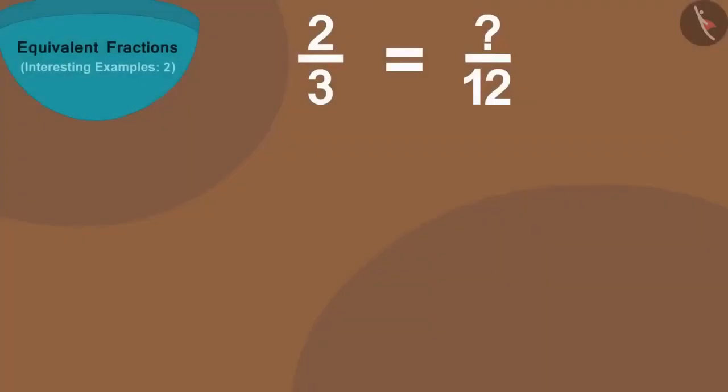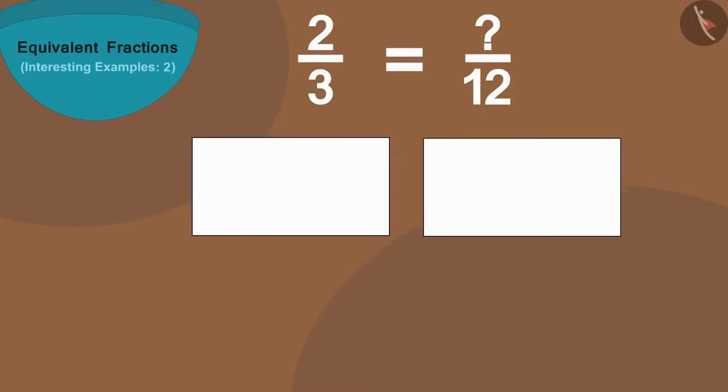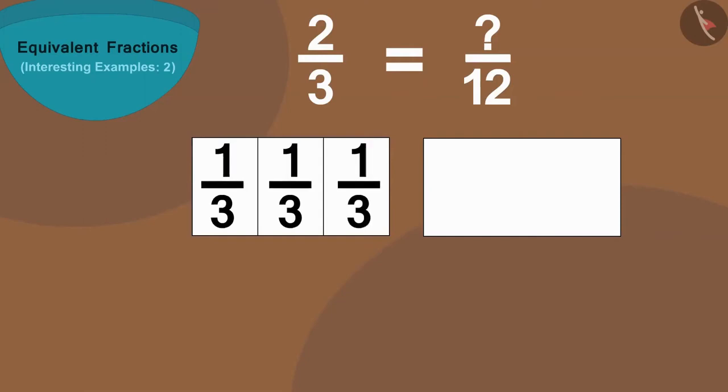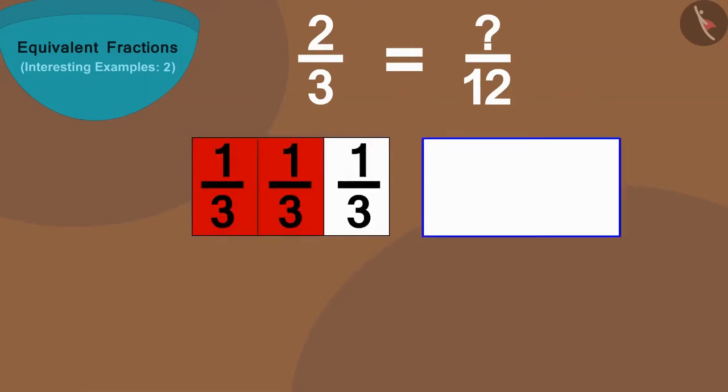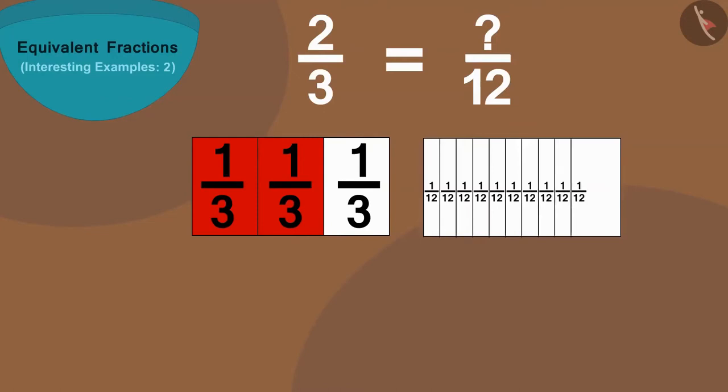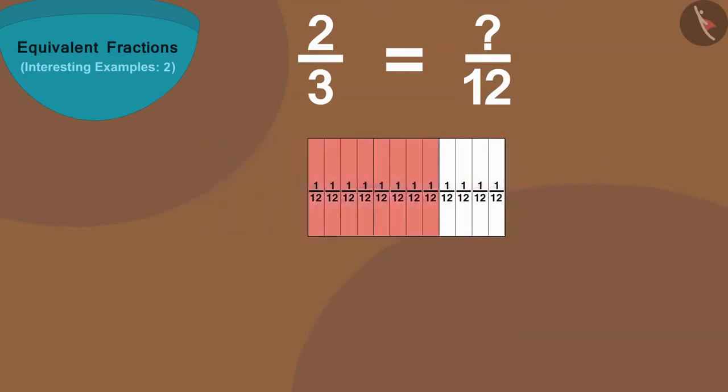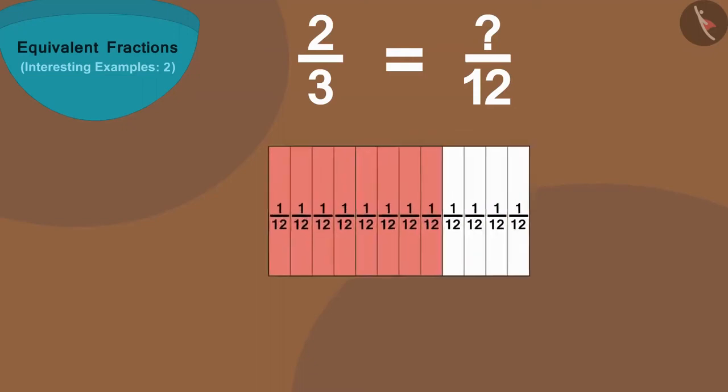Well done, children! You have found it absolutely right. If we take 2 equal length strips and divide one of them into 3 equal parts and the other into 12 equal parts, and then put the second strip on top of the first strip, we will find that 3 parts of the first strip are equal to 12 parts of the second strip.